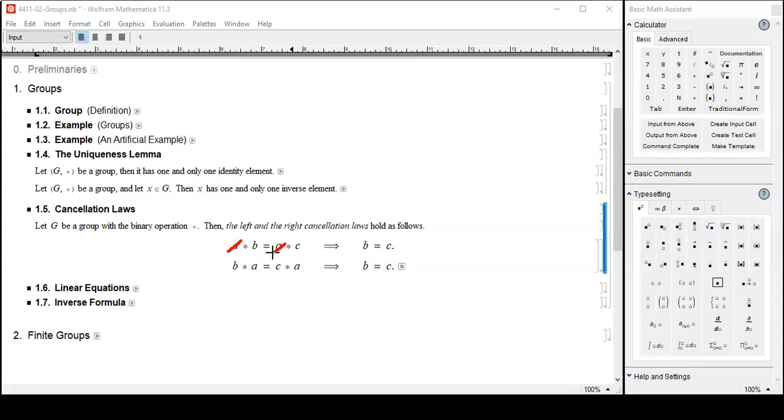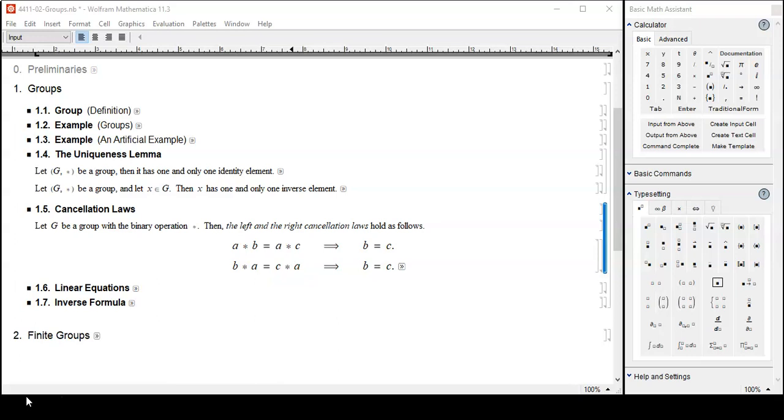Cancel, cancel. Or to the right, cancel, cancel. Make sense? The problem is, can we really do that? Is it true? The answer is of course yes, and we have to prove it.